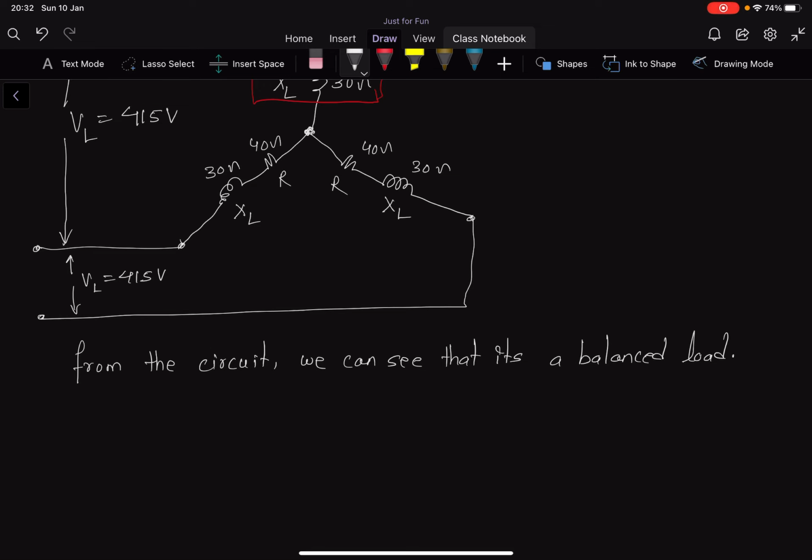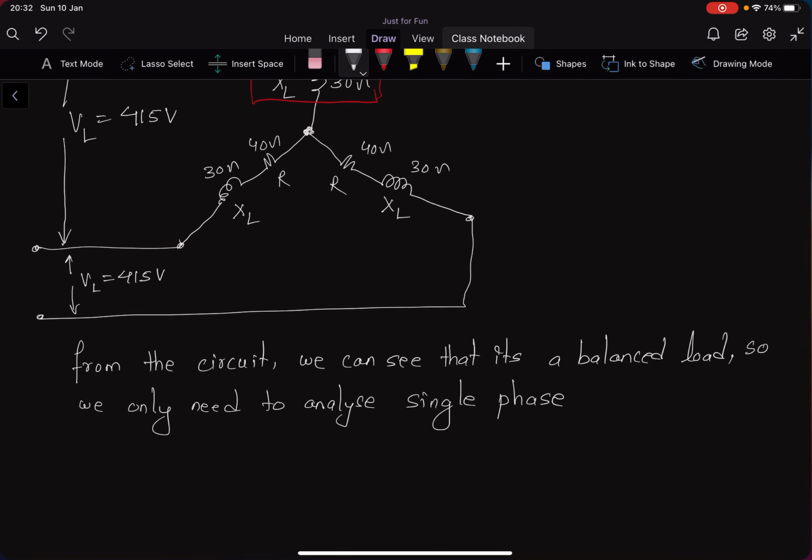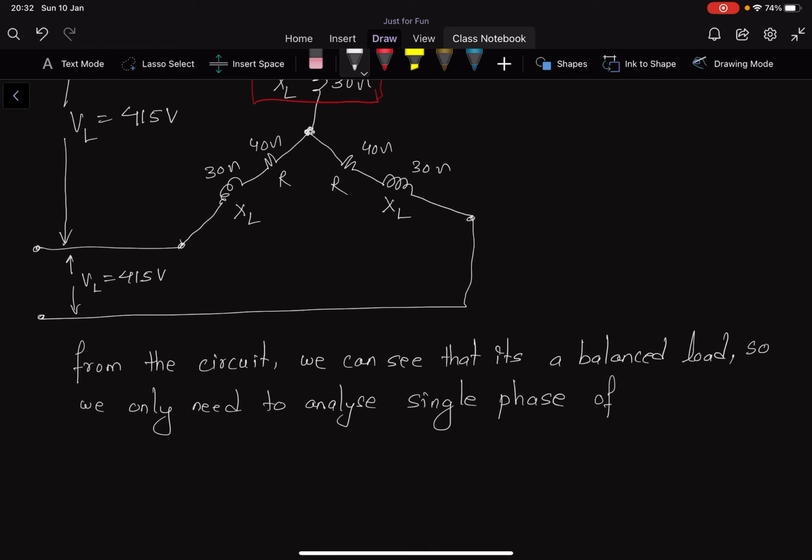And since it is a balanced load, we only need to analyze a single phase. So we can only analyze a single phase, and later on we can multiply by 3, and then we get our desired capacitor or current or voltage, whatever we are calculating.